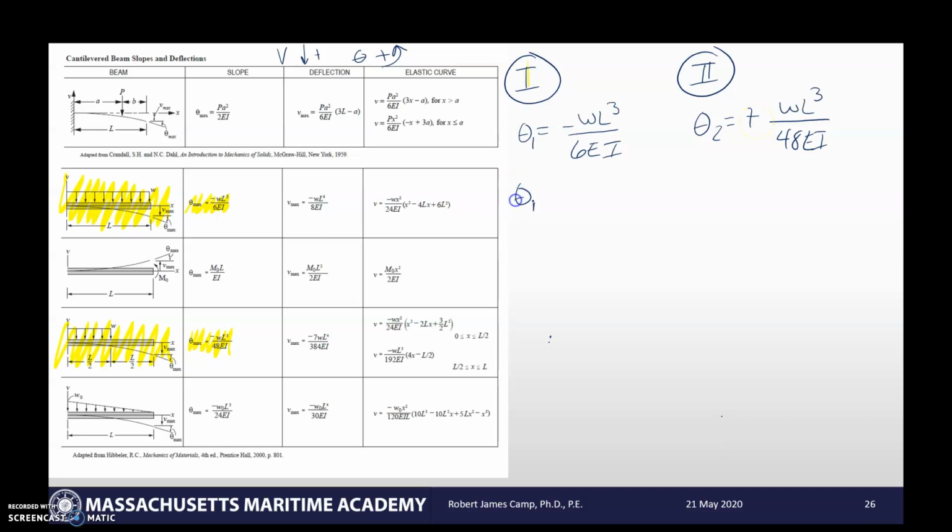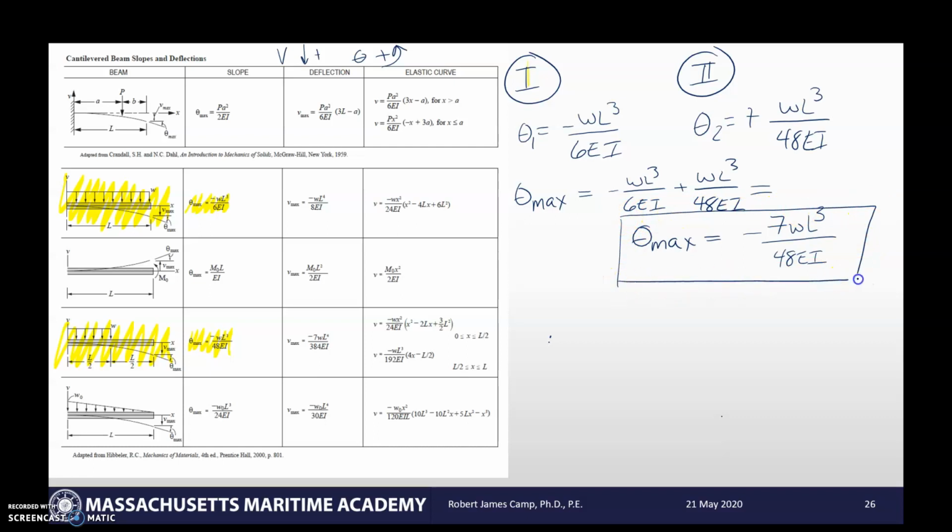Okay, so our maximum is just going to be adding these two together: negative WL cubed over 6EI plus WL cubed over 48EI. And as I put those together and find the common denominator, theta max is going to be equal to negative 7WL cubed over 48EI.